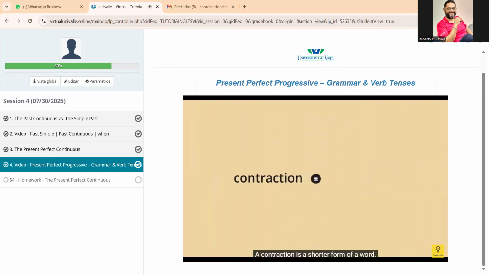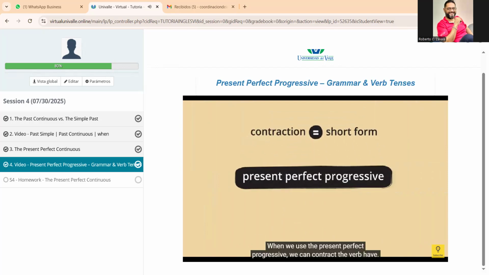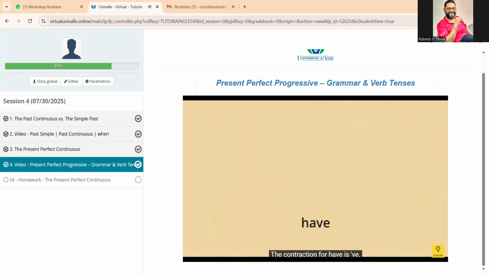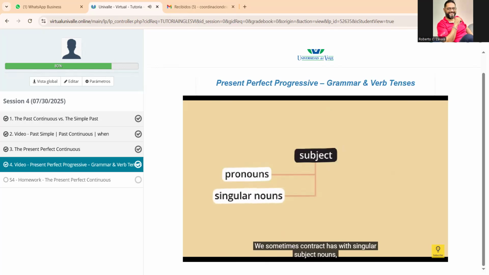A contraction is a shorter form of a word. When we use the present perfect progressive, we can contract the verb have. The contraction for have is 've. The contraction for has is 's. We can contract have and has with subject pronouns. We sometimes contract has with singular subject nouns, but we don't contract have with plural nouns.